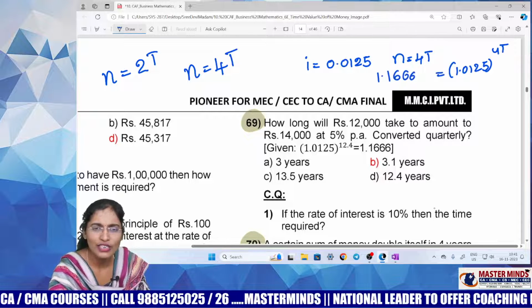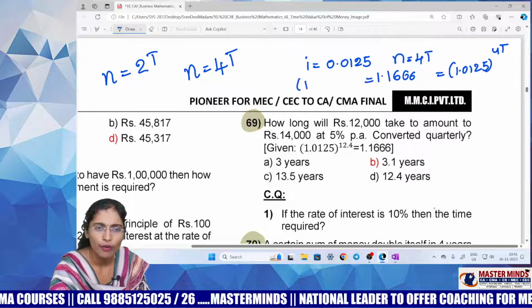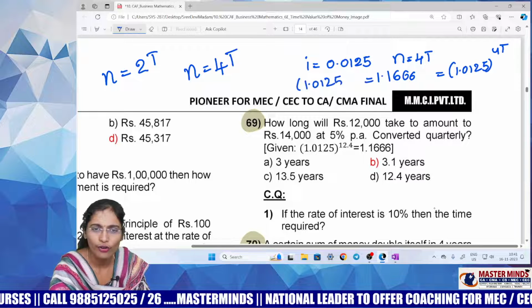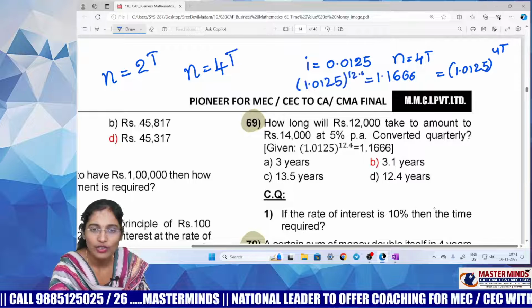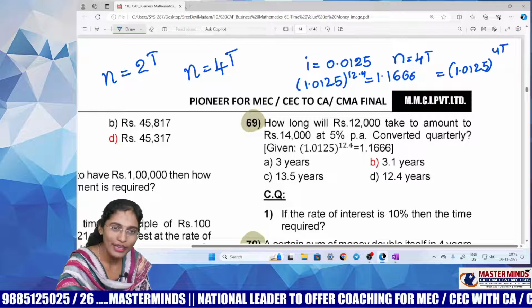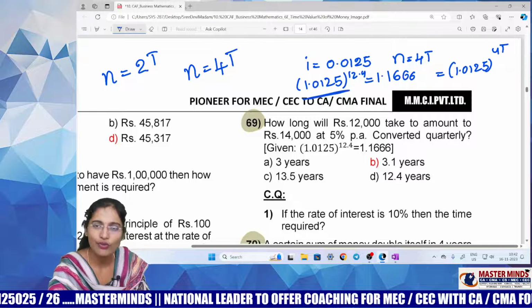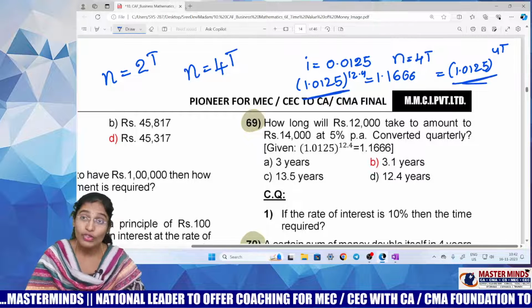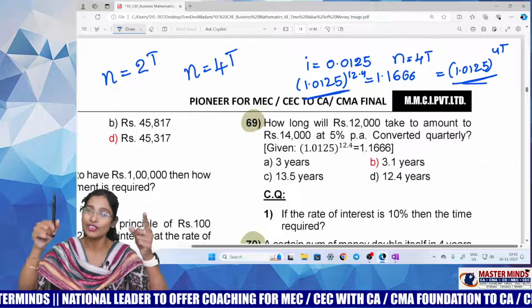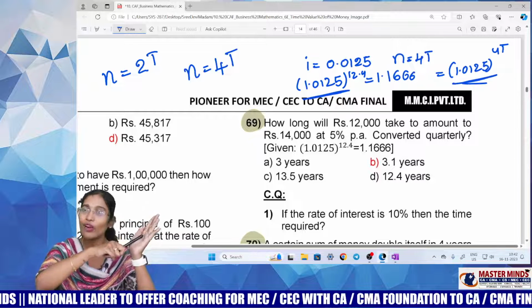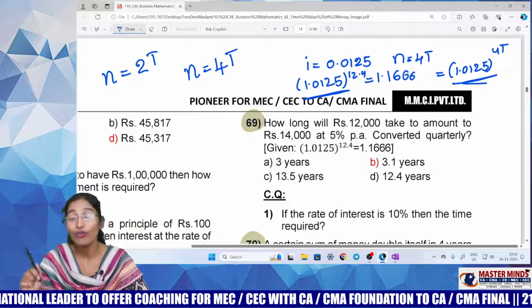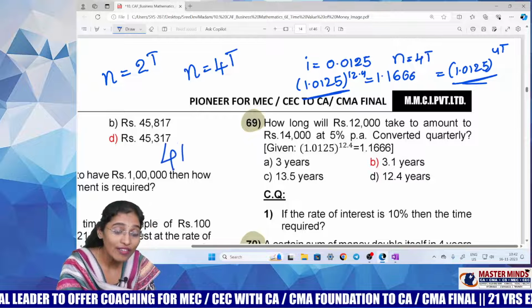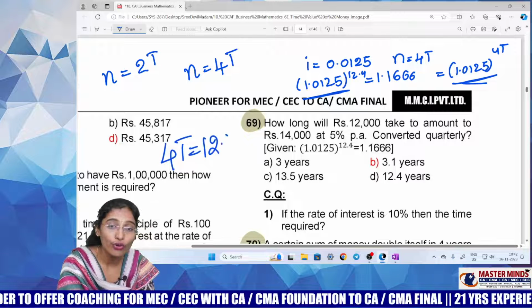According to the question, 1.16 bar equals 1.0125 whole power 12.4. Understand one thing: the base at the left side is 1.0125 and the base at the right side is also 1.0125. But you must be very careful about the powers. The left side power is 12.4 and the right side power is 40. So 40's value is 12.4.